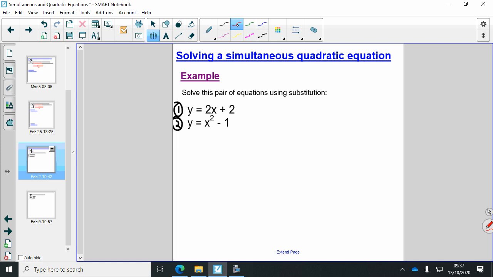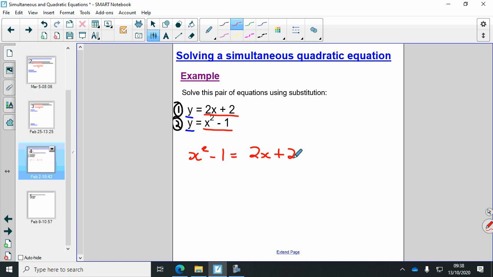And in the second equation, y is also equal to x squared minus 1. So that and that must be equal because the two y's are equal. So we can eliminate these y's by saying that x squared minus 1 must be equal to 2x plus 2. Because the two y's are equal, that means the other two things are equal.